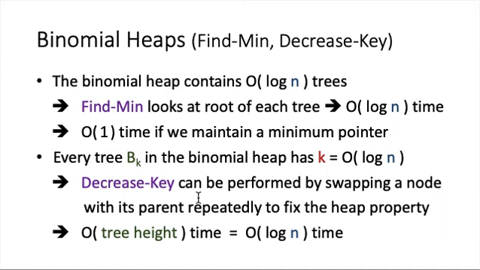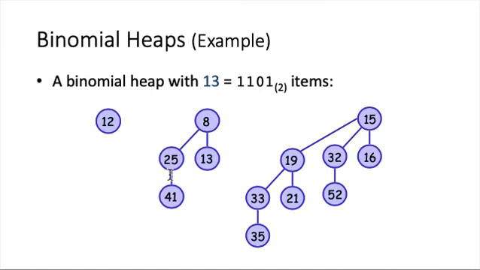Because when we want to decrease the value of a node, let's say we want to decrease the value of this one from 25 to 17, we just need to compare it with the parent. If the heap property is still okay, then we don't need to do anything. But let's say we change this value to 0, a smaller value than its parent, then we do the swapping.